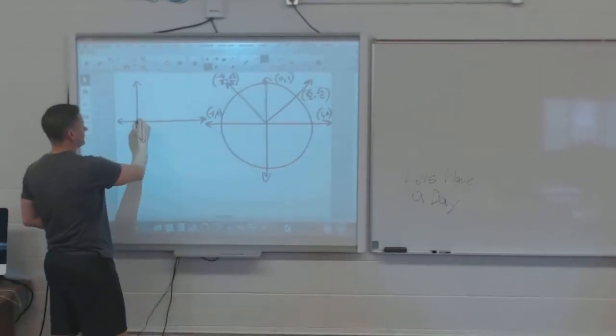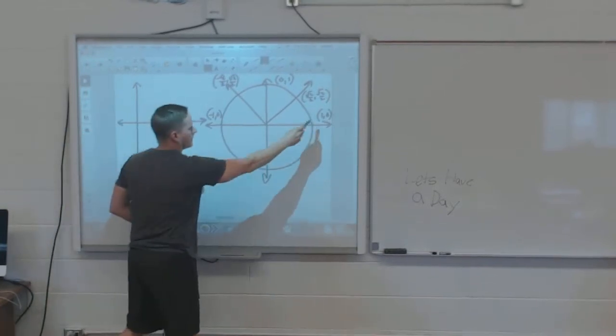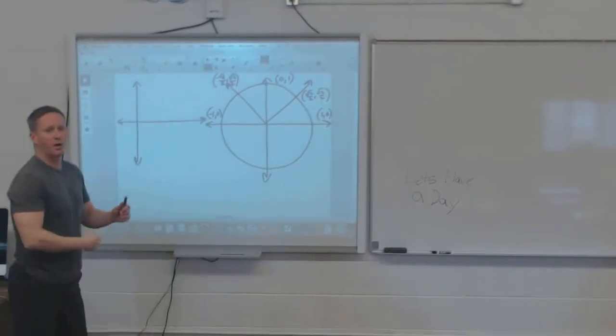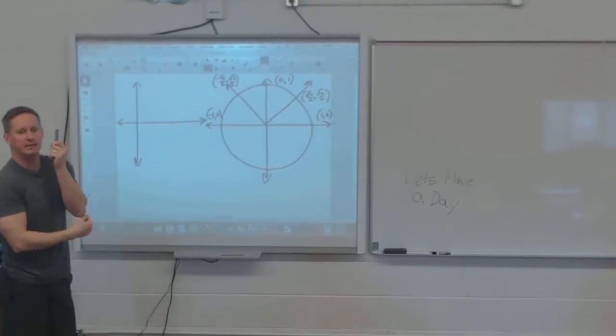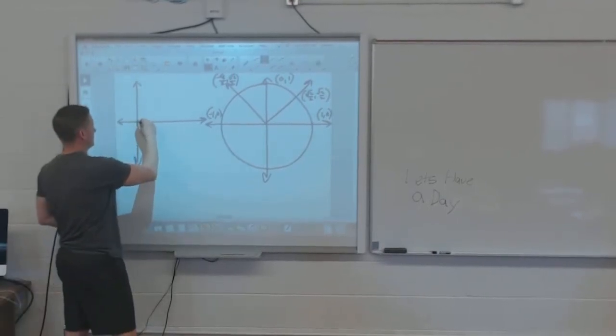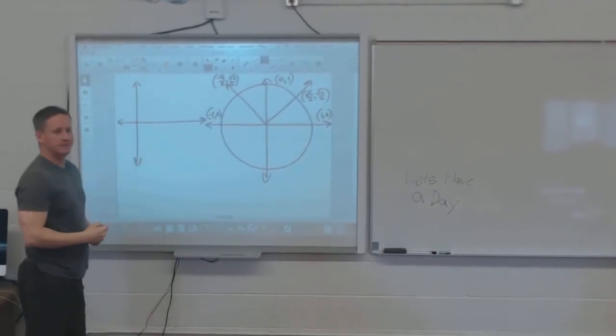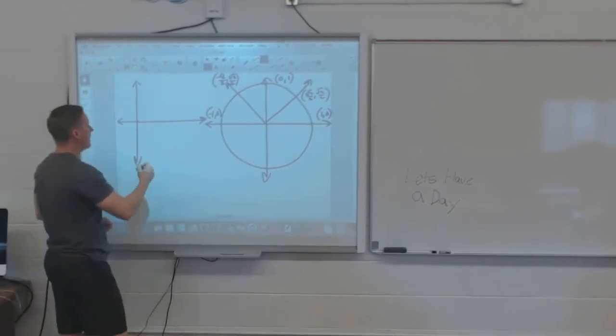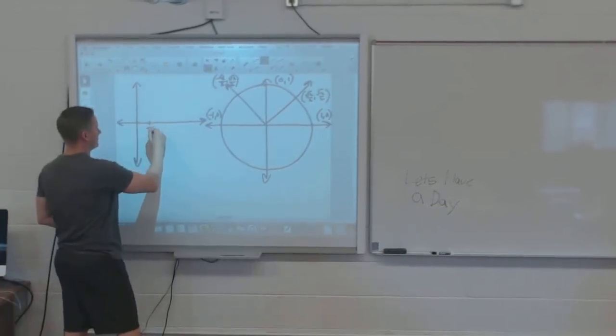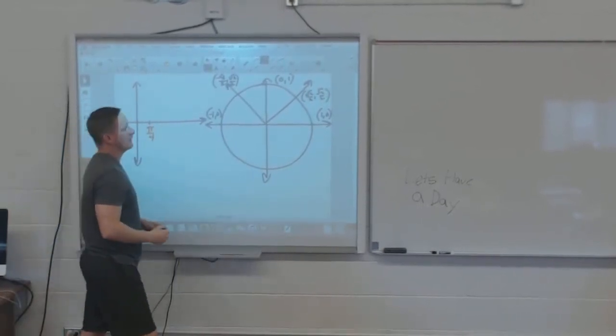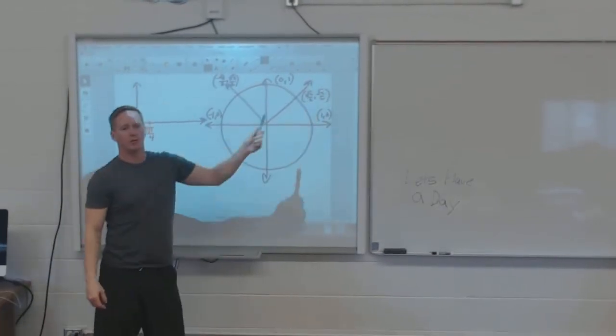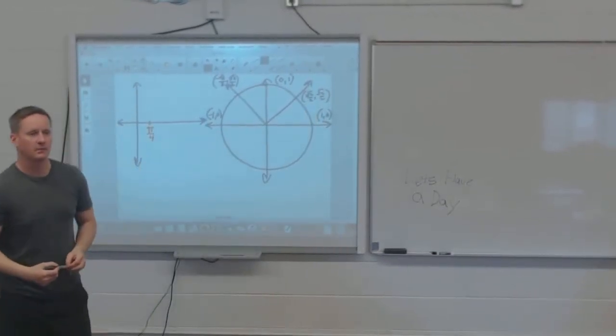At 0 degrees, right here, take your sine over your cos, your y over your x. 0 over 1 is 0. Okay? Add pi over 4. Root 2 over 2 and root 2 over 2 is what? 1.